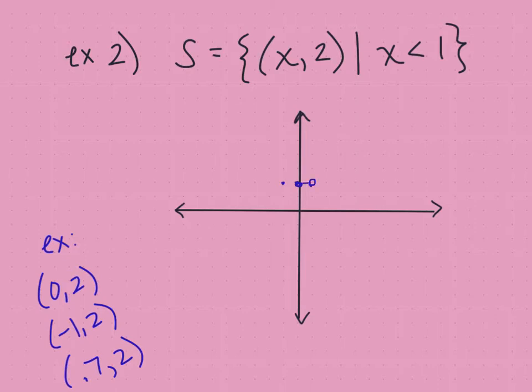So I'm going to put an open dot there, and I'm going to go infinitely left. This is all the x values less than 1, where the y value stays steady at 2. So this is actually a horizontal line, where y is 2, and it just has to begin here with an open circle, since we can't quite hit when x is 1, but we can hit everything to the left or less than it.